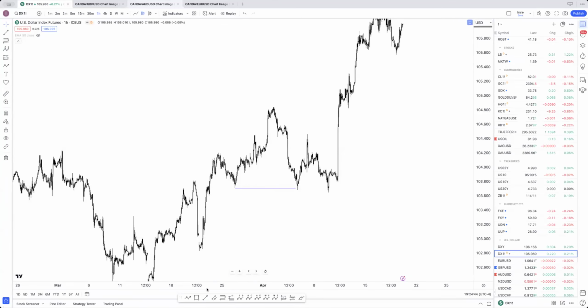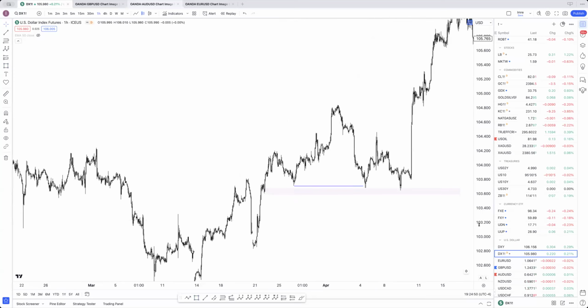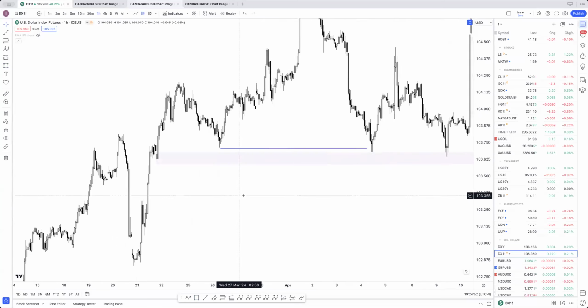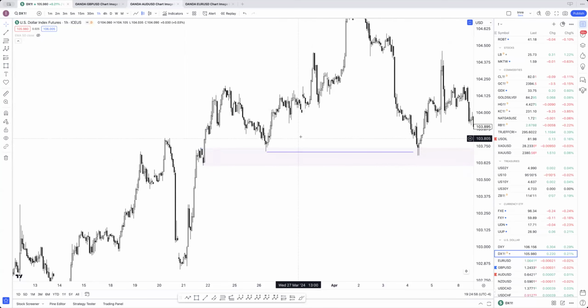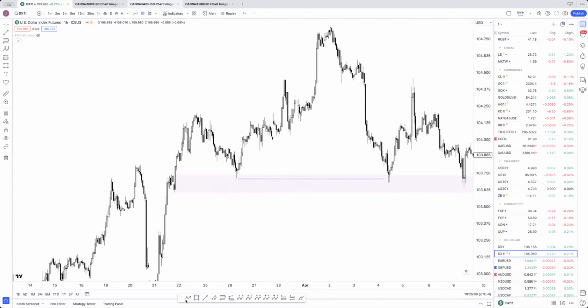Where is our order block? Right here. Why is that our order block? So this is our last piece of bearish order flow within this up market. But what happened here? This wick of this candle mitigated that order flow.